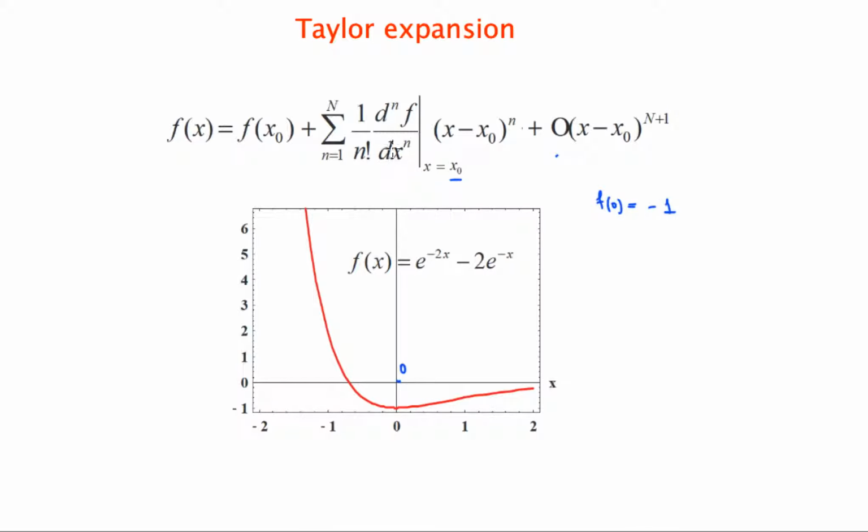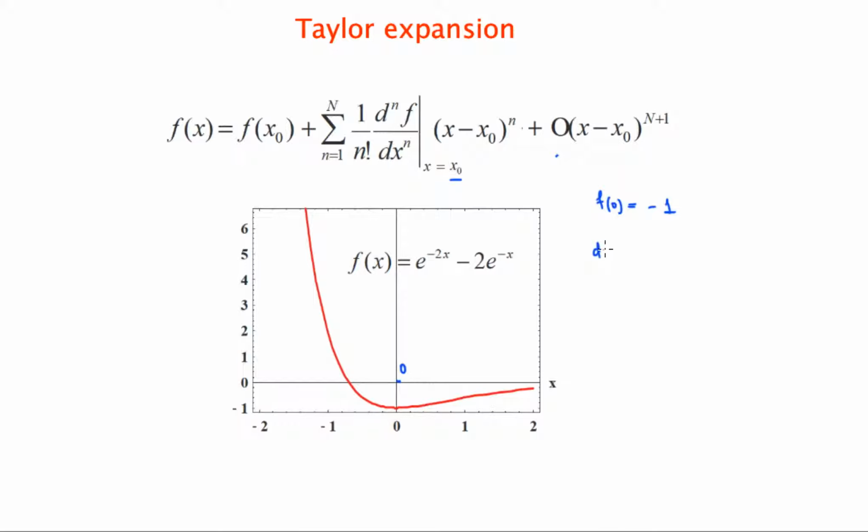Then, in order to consider the next term, which is going to be the linear term that corresponds to n equal 1, the first term in the summation, we have to calculate the first derivative of the function with respect to x evaluated, in this case, at 0.